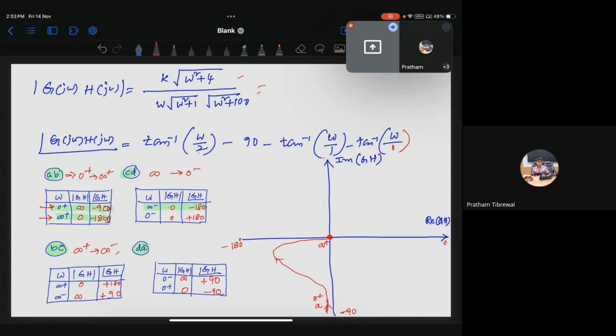This is B, this is C. Next, starting at 0, then starting with plus 180 is this. Oh, I'm sorry, that's not the one. We have to look for this. So this is B and C is here only.